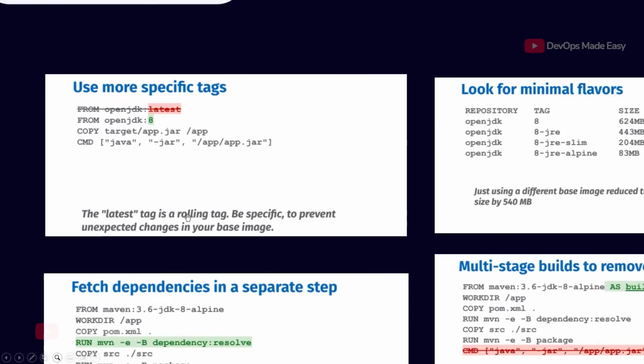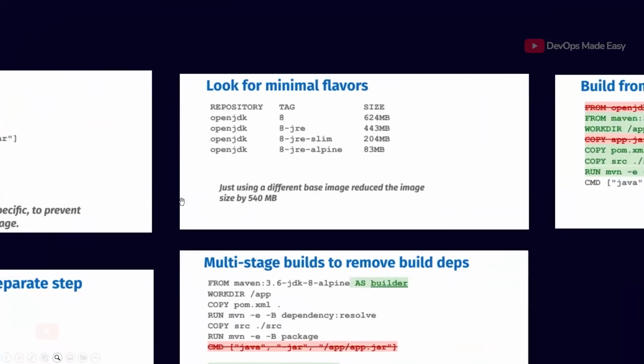And as I already said, don't always go for latest. Always try to pin your version so that every time the same version will be used. And always look for distroless or slim or alpine variants of your images. Of course, during development, you can take the full image, like OpenJDK 8.